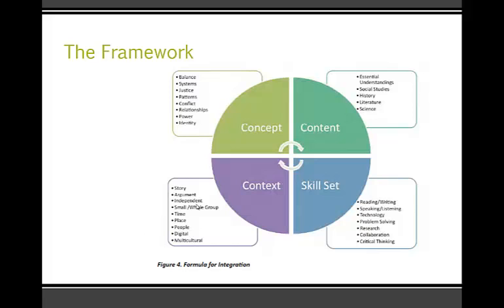In science, a lot of times the context is a hands-on experience, or in early grades, maybe an informational text that tells a story that relates back to my content. And the concept then that comes in are things like patterns and relationships.